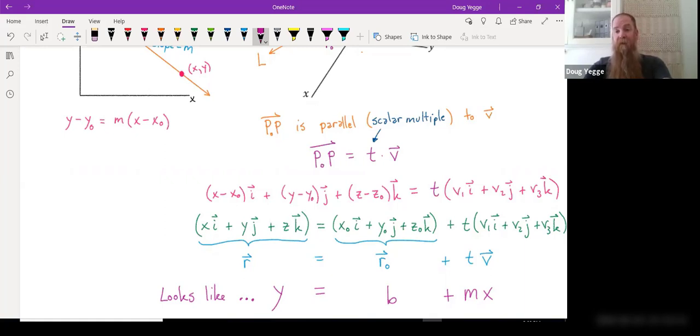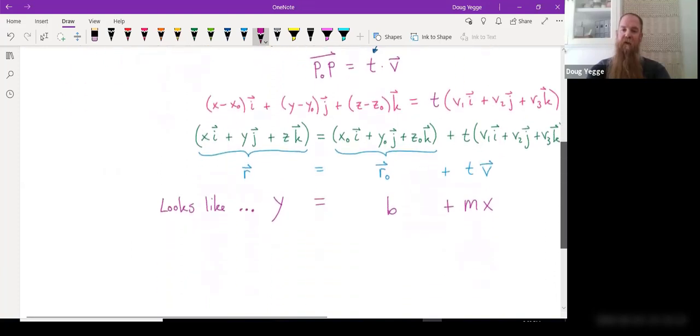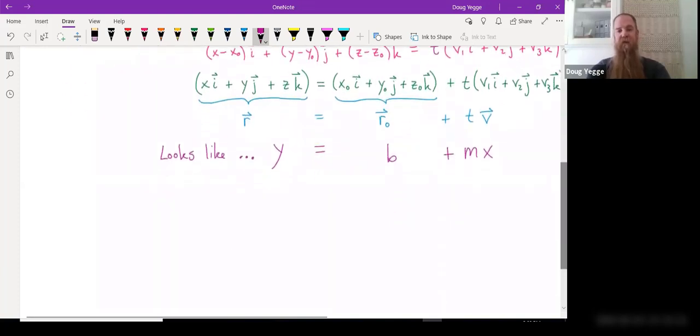M is the amount that we're moving in a certain direction, or the ratio of how we're moving, and x is the distance we're moving, while m is telling us the direction we're moving in, or the slope. But this actually isn't the easiest or best form of the line, even though this is definitely acceptable to write it in this form. It turns out that it's actually easier for us to write this line as a set of parametric equations. So instead, we can actually rewrite that line L as a set of parametric equations.